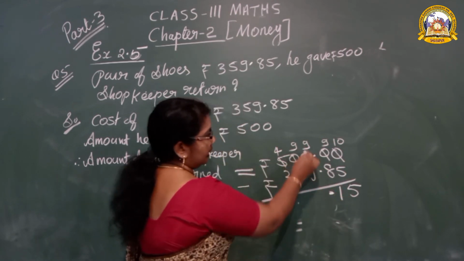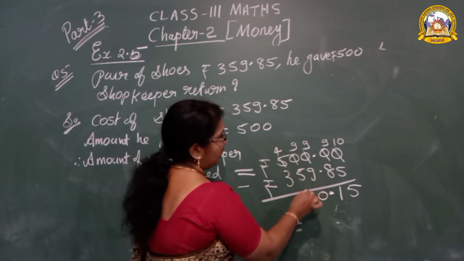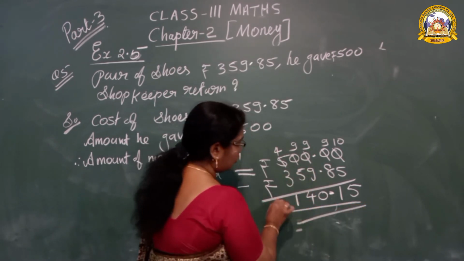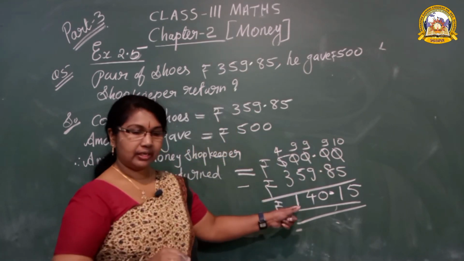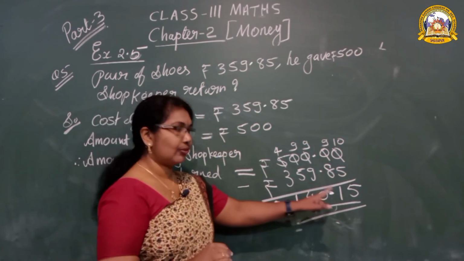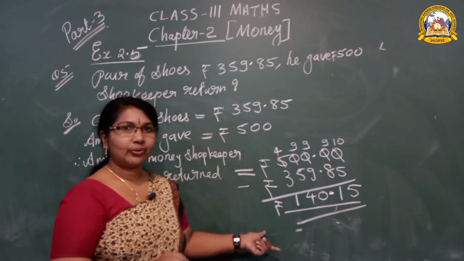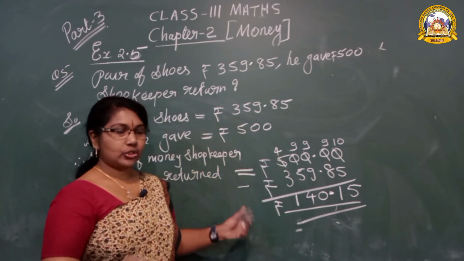Here point, 9 minus 9, 0. 9 minus 5, 4, 1. How many rupees will the shopkeeper return? 140.15. Understood now?